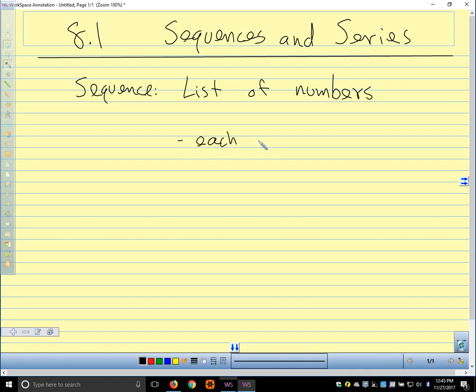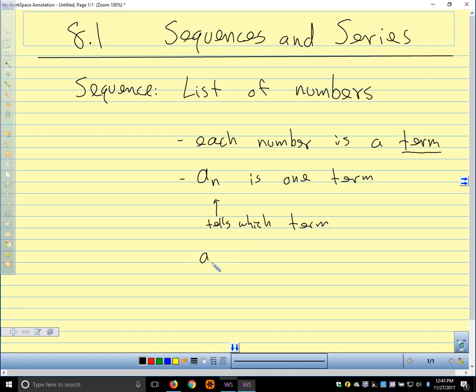Each number is a term. So we have this list of numbers, and we call each number a term of the sequence. For sequences, we usually use a subscript notation. a sub n is one term, and this n tells us which term.